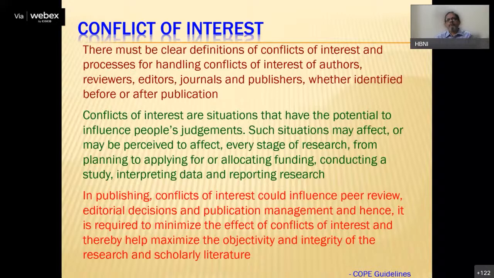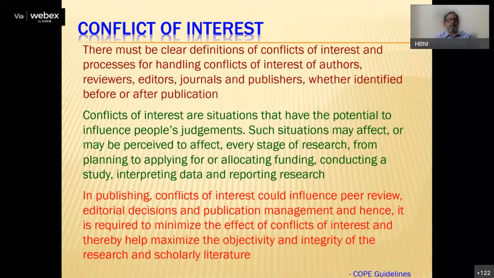So it is very important to minimize the effect of conflicts of interest and thereby help maximize the objectivity and integrity of the research and scholarly literature.